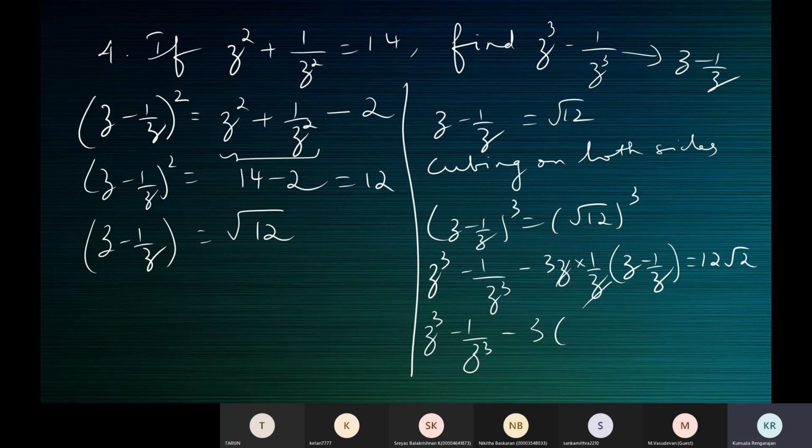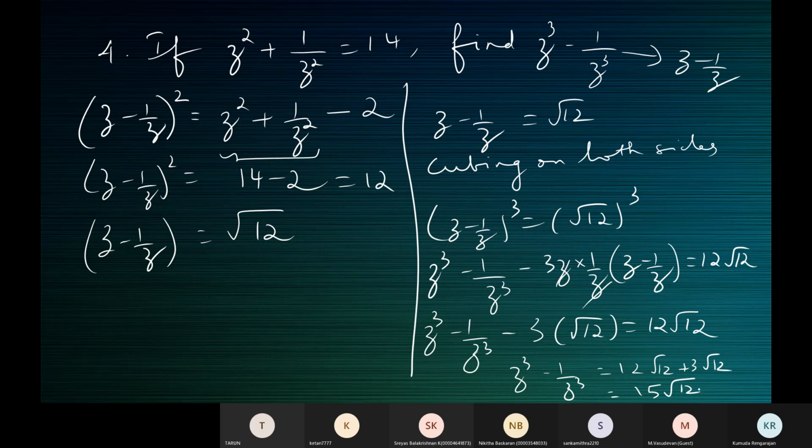Root 12 is equal to 12 root 12. So now transpose. Z cubed minus 1 by z cubed is equal to minus 3 root 12 on the other side plus 3 root 12. So 12 root 12 plus 3 root 12, which is nothing but 15 root 12.